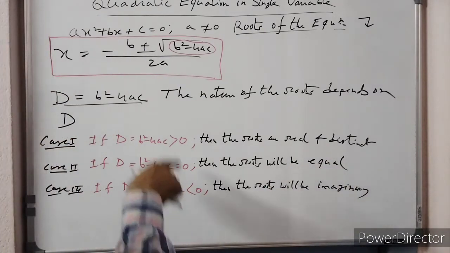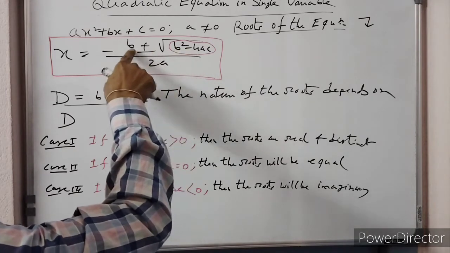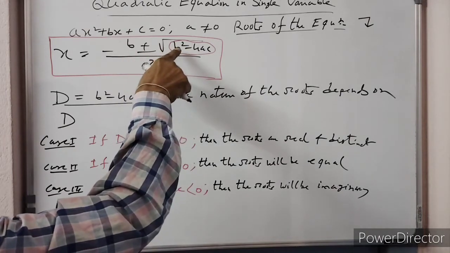Suppose b square minus 4ac is less than 0. If it is less than 0, then the term under the radical is negative.